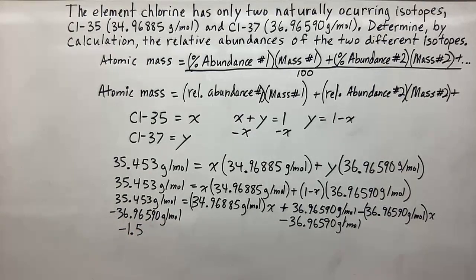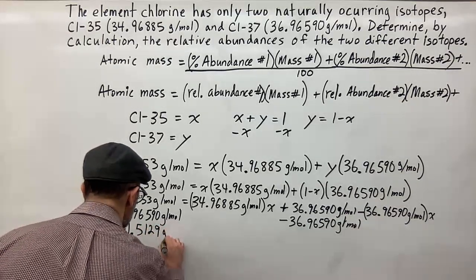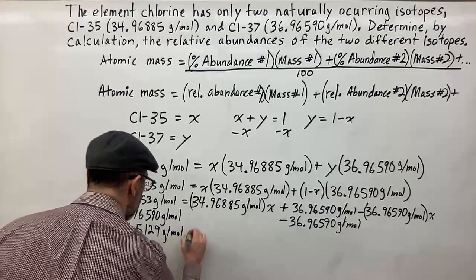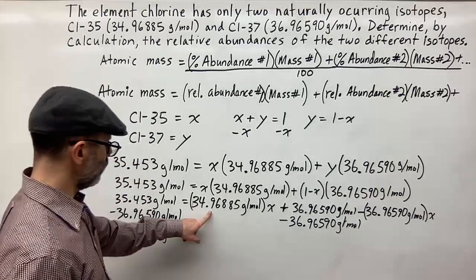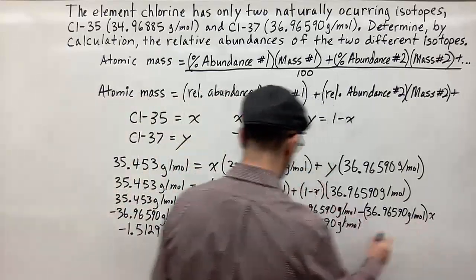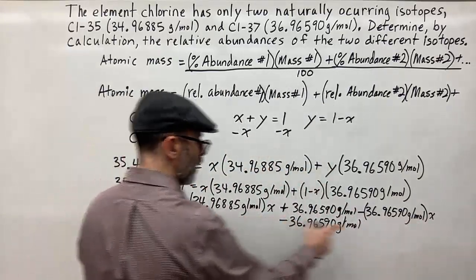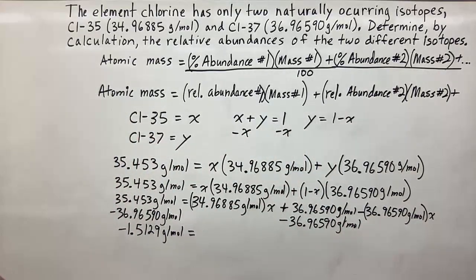Where's my other number? 1.5129 grams per mole. And then that's equal to these two. So I'm going to take this x and add it to this x. When I add these two together, what did I get?